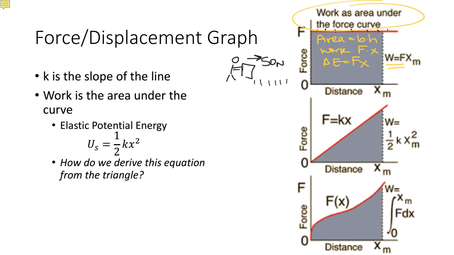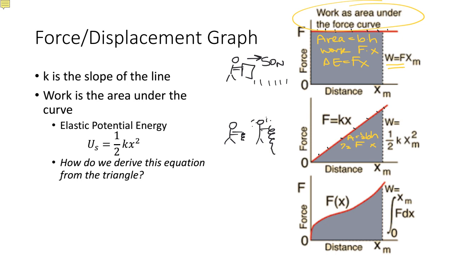But when you have a spring, remember that pulling a spring this distance is way different than pulling a spring this distance. The more you pull a spring, the more effort it's going to require. So that's why this force has an upward slope. And you can see that the shape of this is a triangle, and the area of a triangle is 1/2 base times height, base being, of course, position, and height being force.